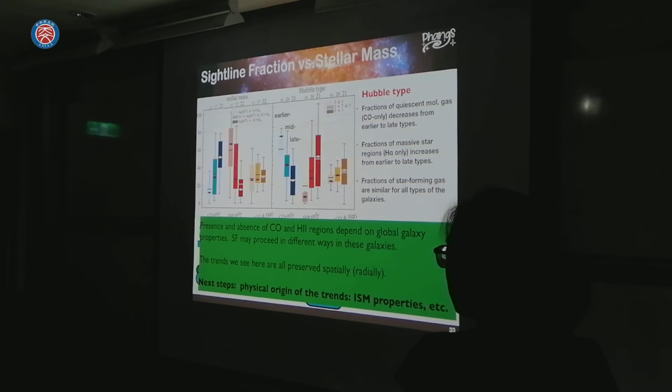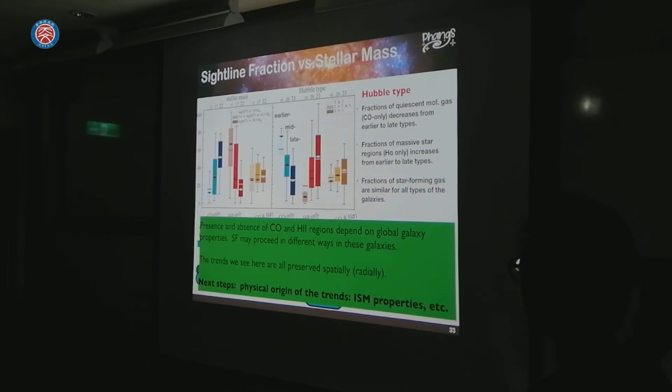So the preliminary result is that the presence or absence of CO and H-alpha regions indeed depends on global galaxy properties like morphology and stellar mass. And so star formation may indeed proceed in different ways in these galaxies.